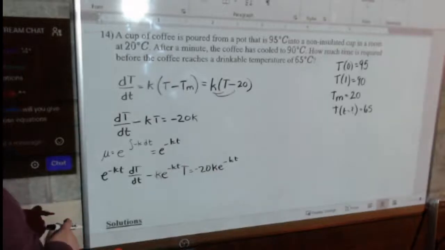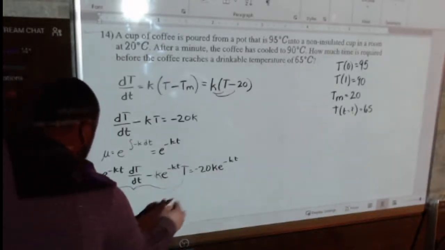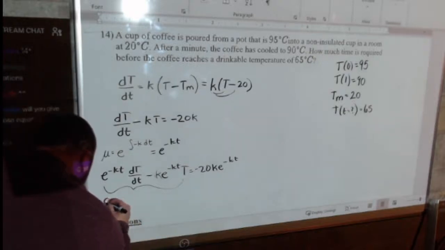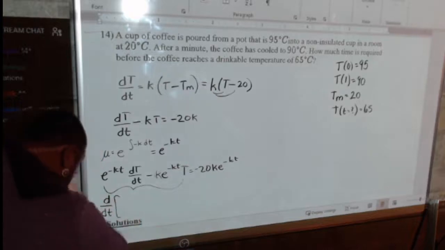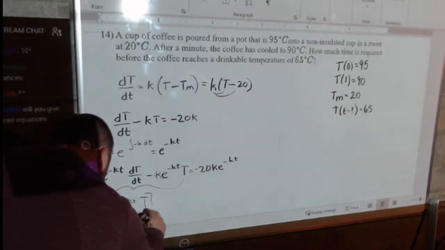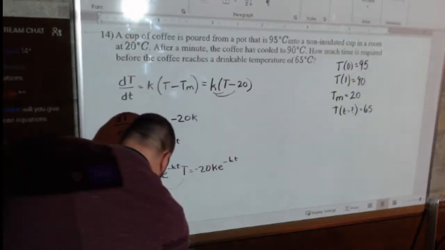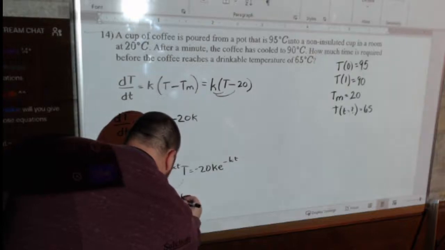Once I'm at that point, the left-hand side of the equation should collapse to the derivative with respect to time of the integrating factor times temperature in this case. Right-hand side stays the same.